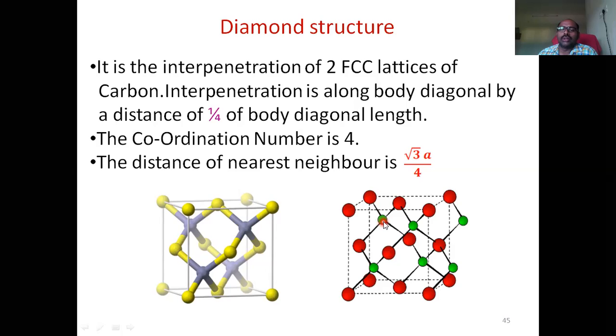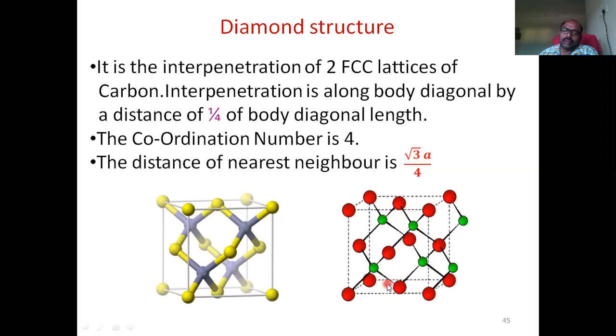So we should represent all lattice points in the same color, but for understanding I have done this. Now it is the structure. These 4 points are inside the unit cell, and they form tetrahedrons. So these are the centers of tetrahedrons.